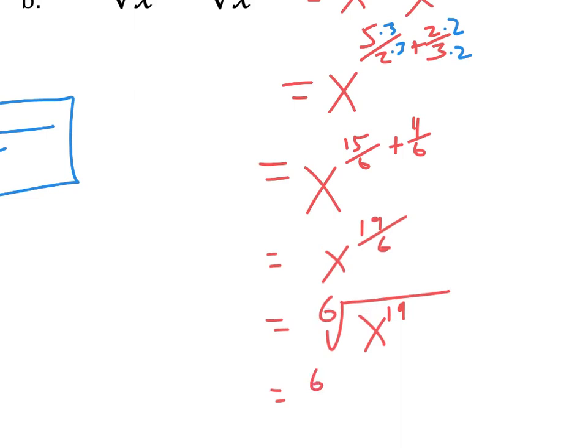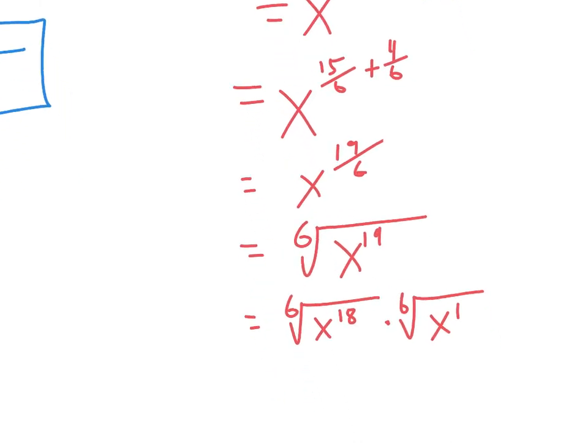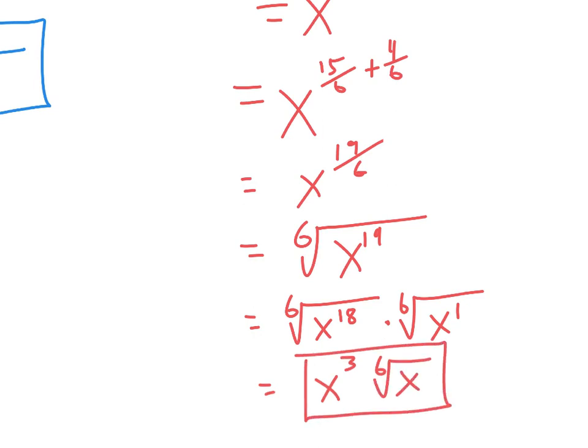No, it can't. But 18 can. So we're going to use the radical product rule to break this into x to the 18th. Okay, that could be divided. And 18 divided by 6 is 3. And one of those x's is going to have to stay underneath. Okay?